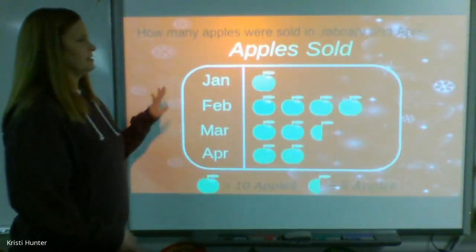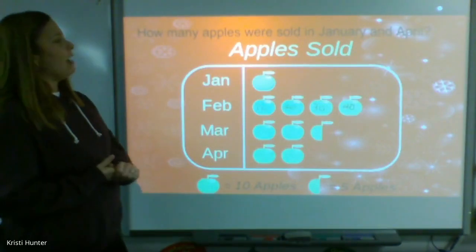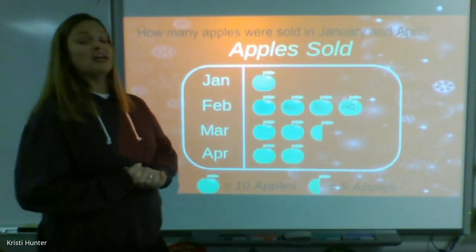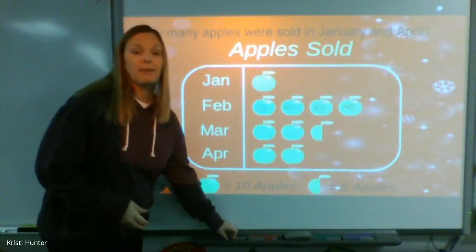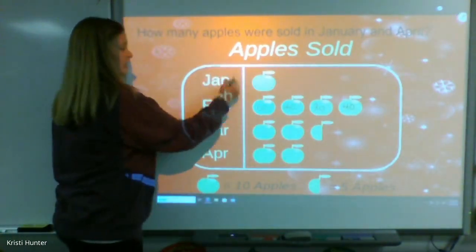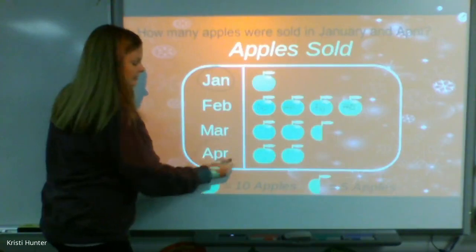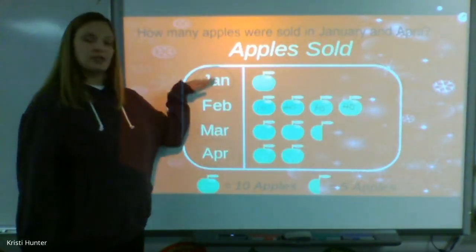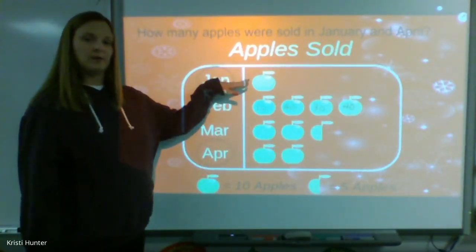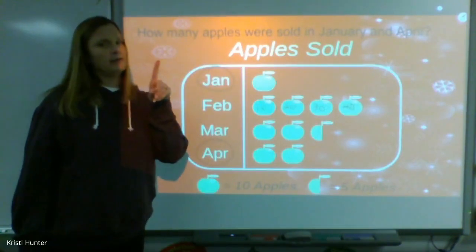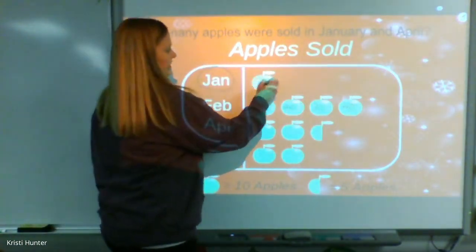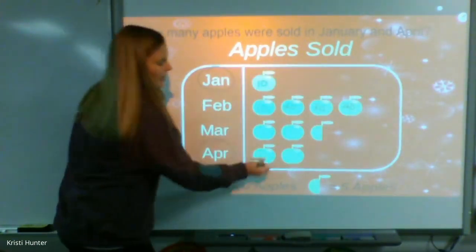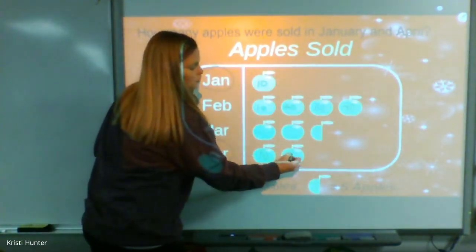Let's take a look at a different question. How many apples were sold in January and April? So I'm going to have to combine 2 months. January and April. So let's look at January. January has 1 lonely apple, but does that mean 1? No, it means 10, right? So there's 10 in January, and April had 10, 20.